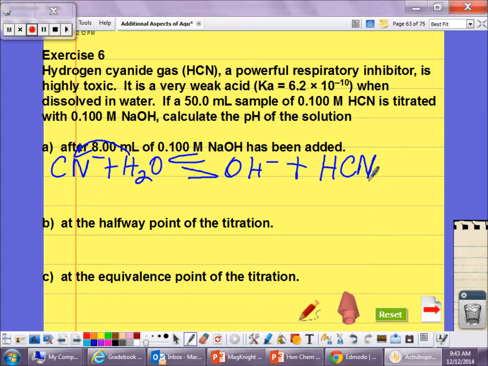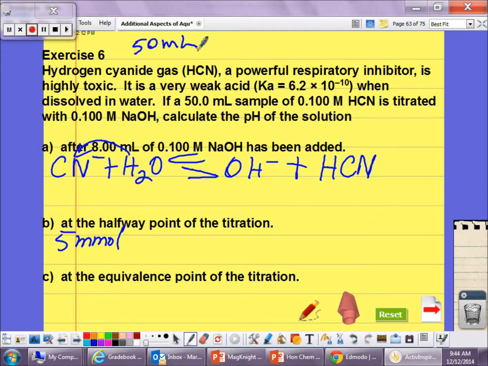Now I need to do a RICE table with that salt. So what is the concentration of that salt? I said I have 5 millimoles of that salt. Common mistake, students forget to divide by the total volume. So I need to find the total volume. I had 50 ml of the acid. But what is the volume of the NaOH I have added from that burette?